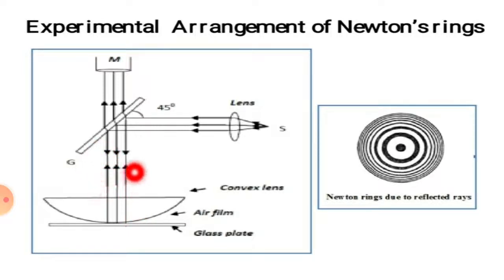These reflected light rays interfere and produce an interference pattern in the form of bright and dark circular rings. These rings can be viewed in a microscope focused on the thin film. This is the experimental arrangement of Newton's rings experiment. Now we will find out the path difference between these reflected light rays.